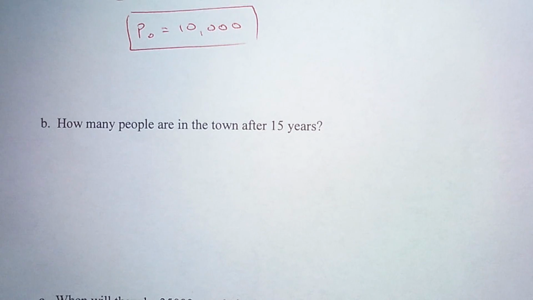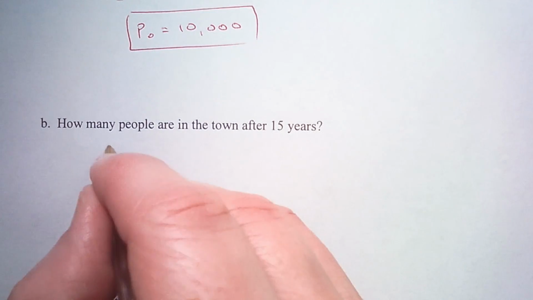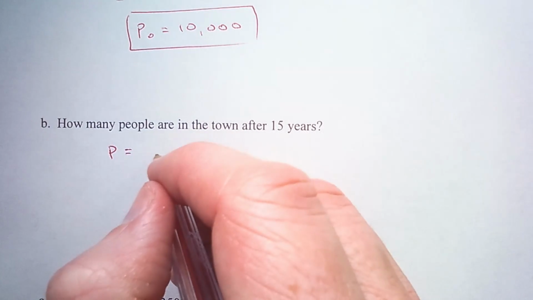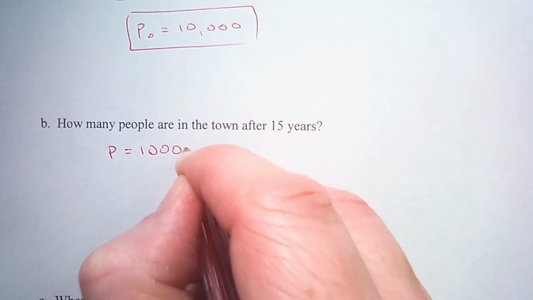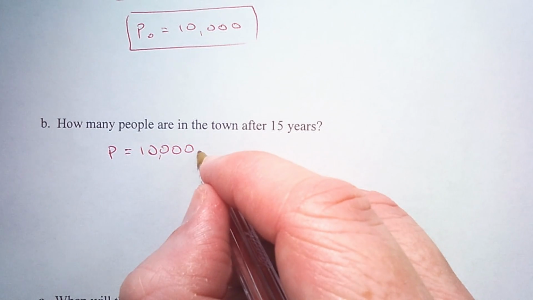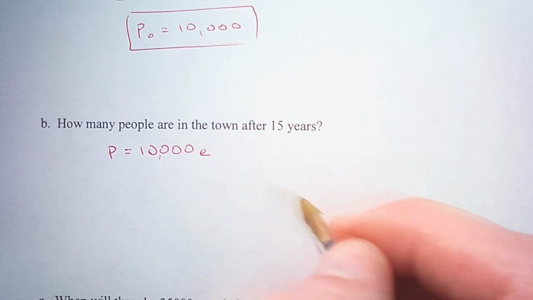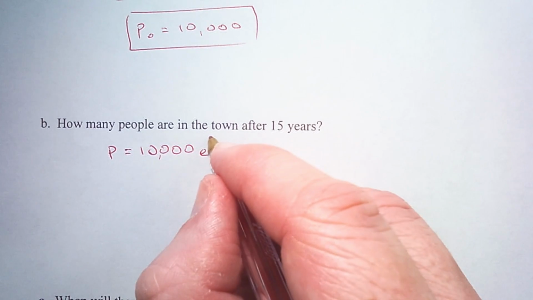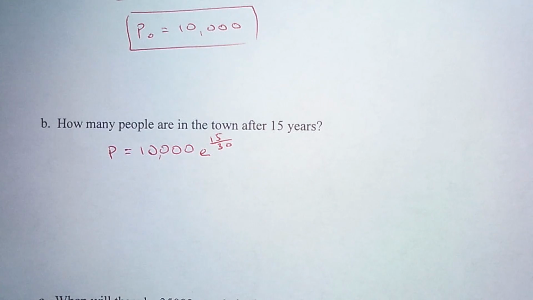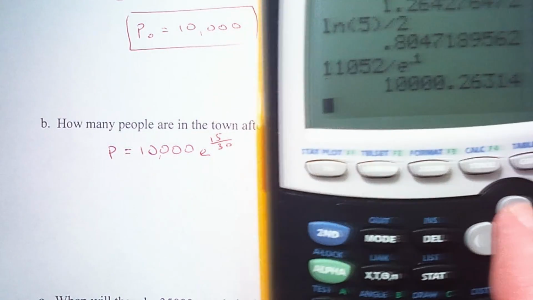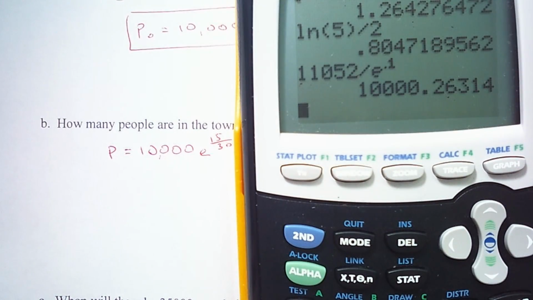How many were there after 15 years? So we want to know the population after 15 years, now knowing that P sub 0 is 10,000. So P sub 0 times e to the t over 30, so that is 15 over 30. Okay, so now we can just put that in our calculator just as we see it.